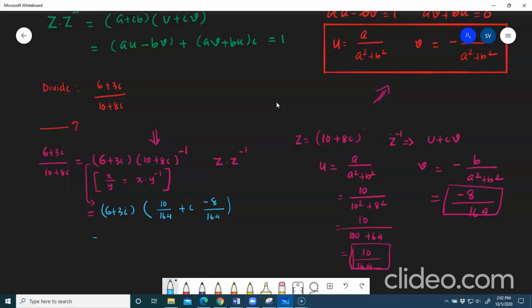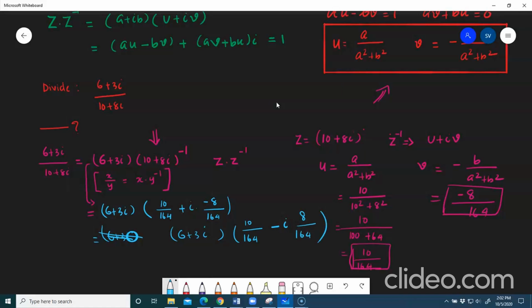Okay, just rewrite it: (6 + 3i) times (10 over 164 minus i times 8 over 164).